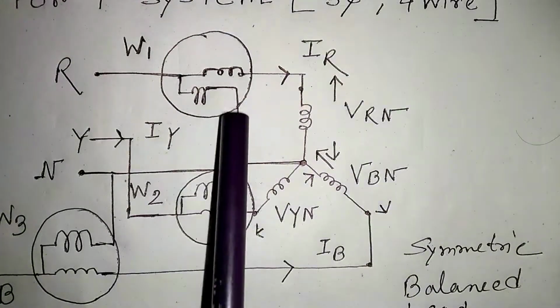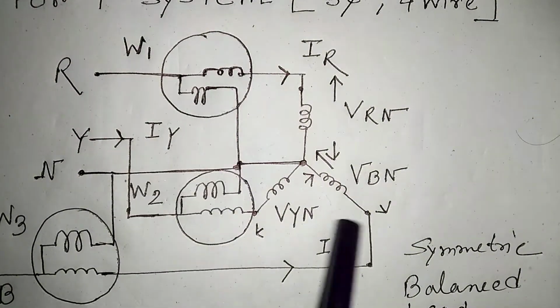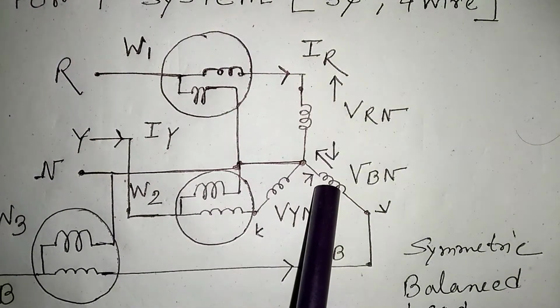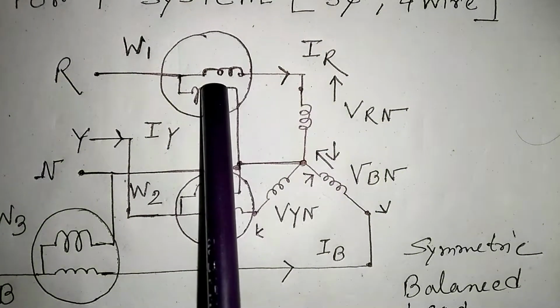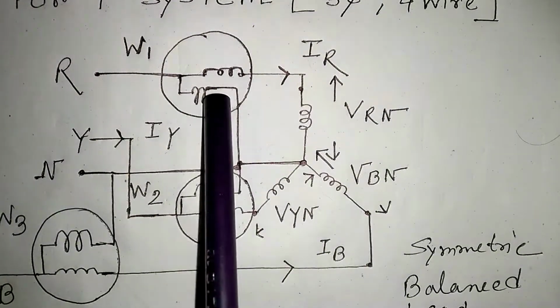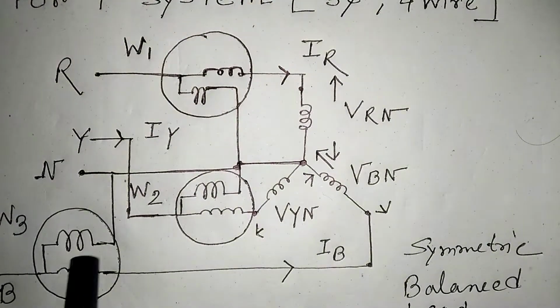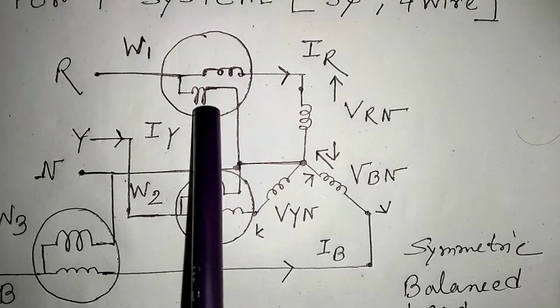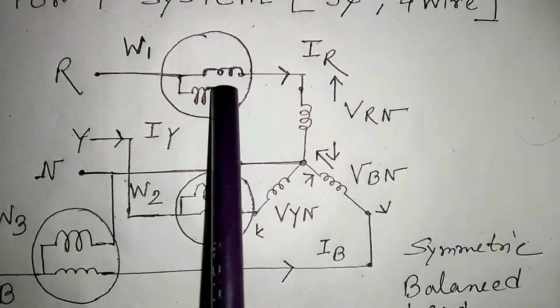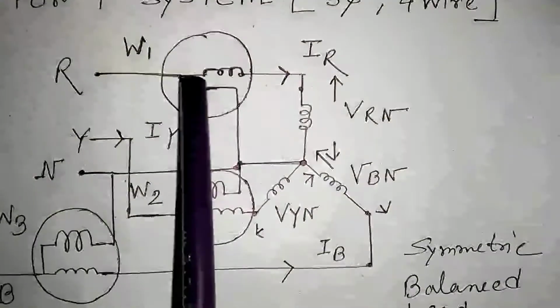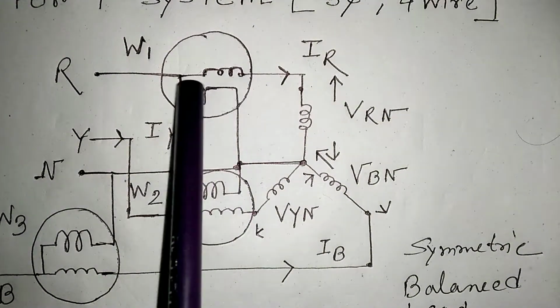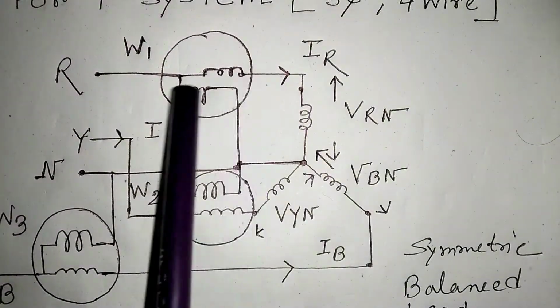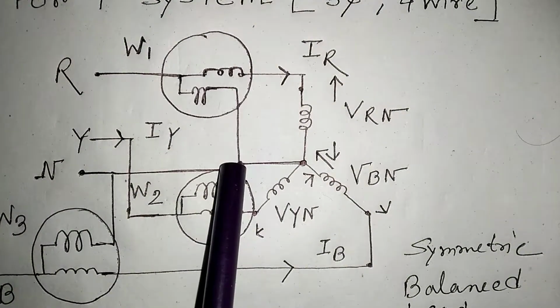Now, how to measure the power for this 3-phase load? There are 3 wattmeters, W1, W2 and W3. There are 2 main parts of a wattmeter. This is the current coil, which is connected in series in the R phase, and this is the pressure coil.